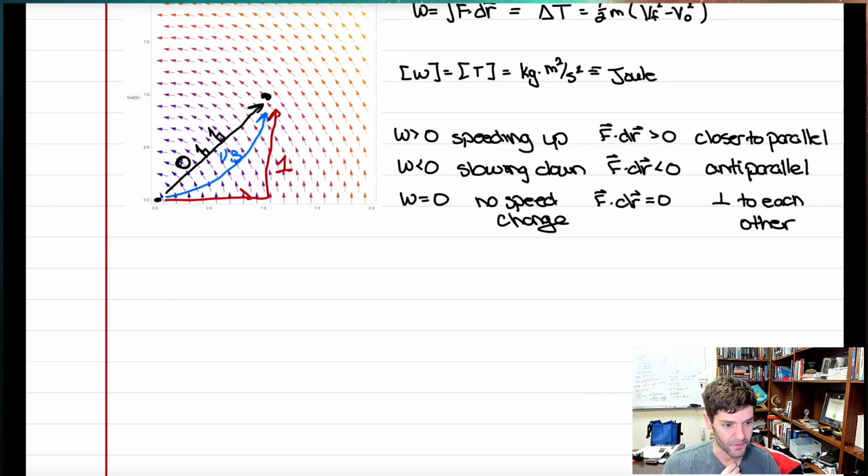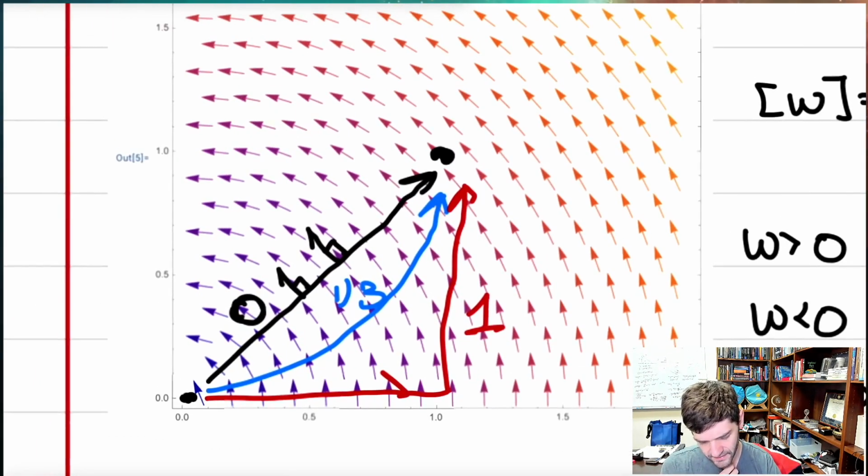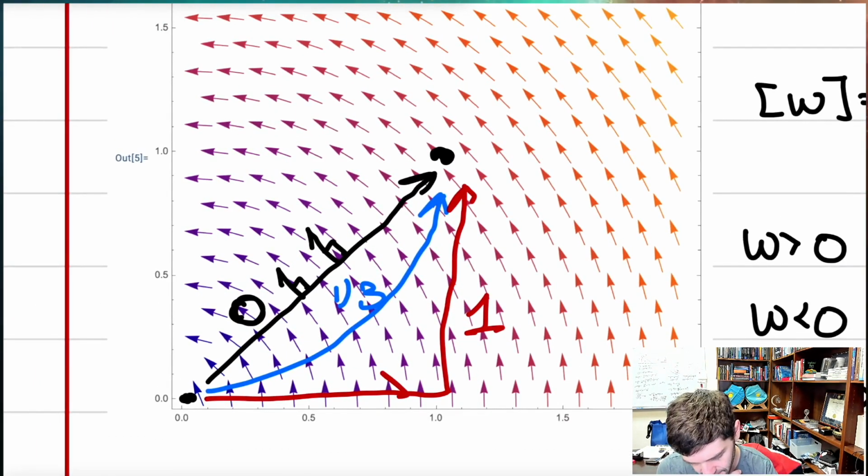Whereas if you look at the blue and the red, then in those cases, the arrows are closer to being parallel than they are not. Take this case, right? The arrow is kind of pointing in that direction while your path is going vertically upward. Those two vectors are closer to being parallel than anti-parallel.